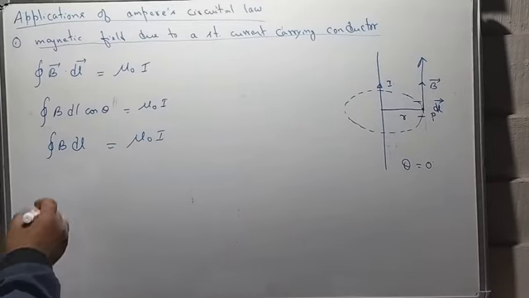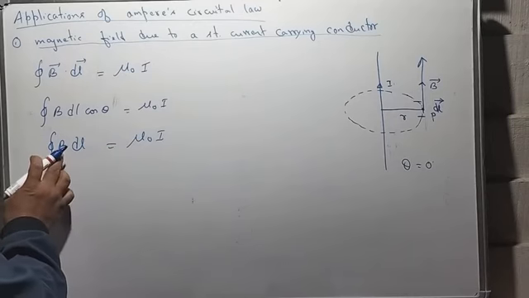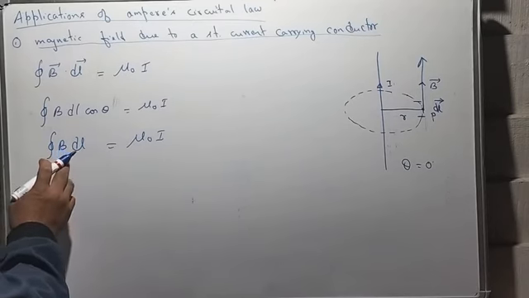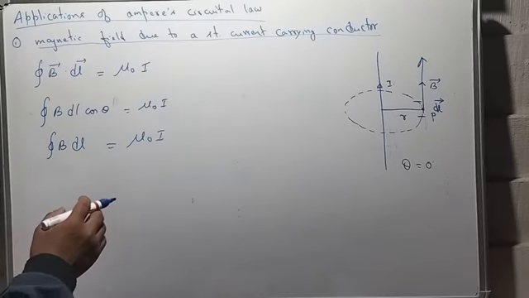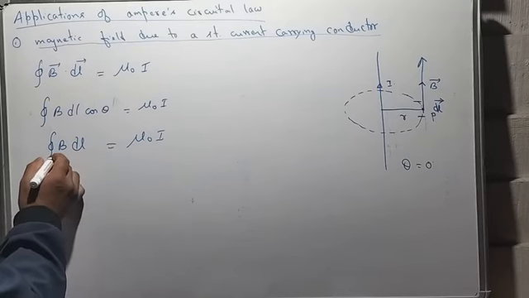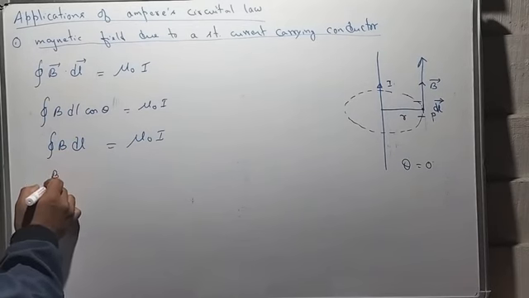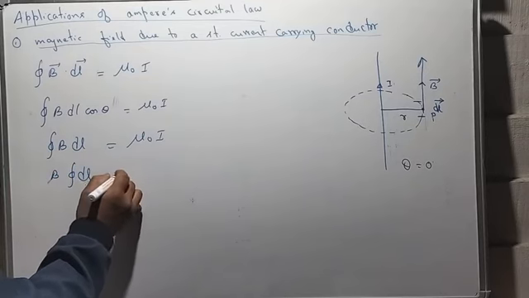As I have already mentioned before, this magnetic field is the same at any point on the closed loop, which are at the same distance from the conductor. So I'll take B out and integrate only dl.